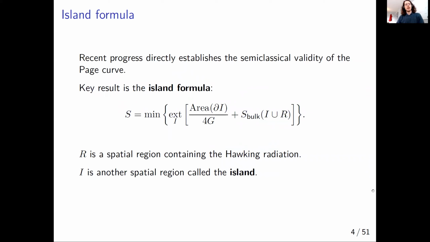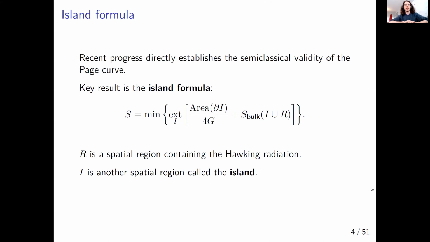So here R is a fixed region of space containing the Hawking radiation, and I is another region which is called the island. And we're supposed to compute a set of extrema of a certain functional with respect to choices of the island. And then the entropy will be given by the minimum of that set.